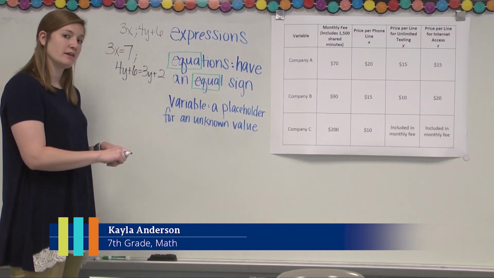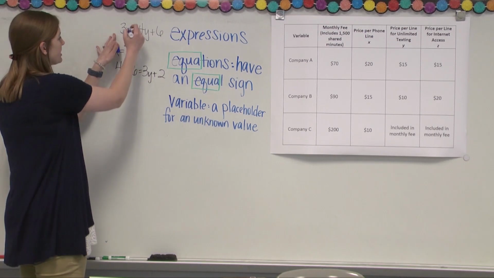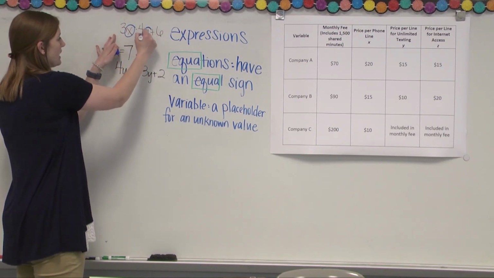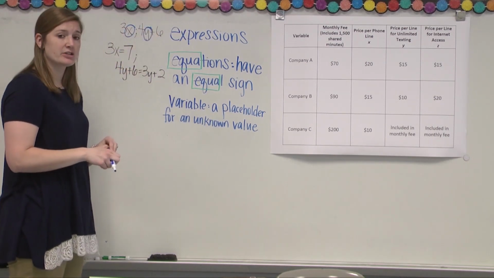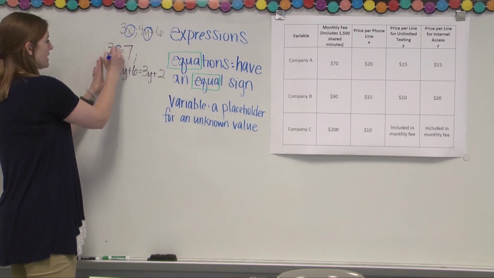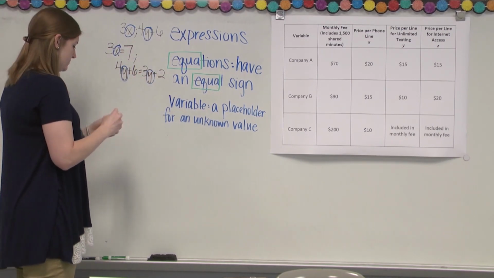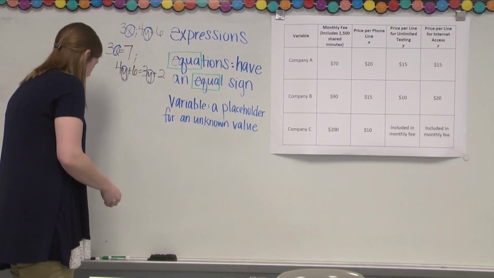Typically, we use a letter to represent a variable. So in the expressions that we have here, x is the variable and y is the variable. They're letters that represent an unknown value. In our equations, again, x and y are the variables there. They're placeholders for values that we don't know.